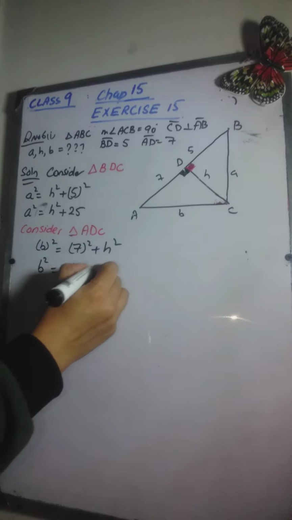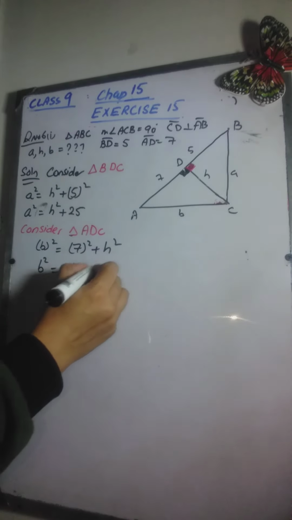Also consider triangle ABC. This was the right triangle given, with the right angle given to us. If I consider this triangle, this is the hypotenuse because it is opposite to this angle of 90 degrees. The side which is opposite to 90 is AB. So AB square will be equal to the sum of squares of the other two sides.